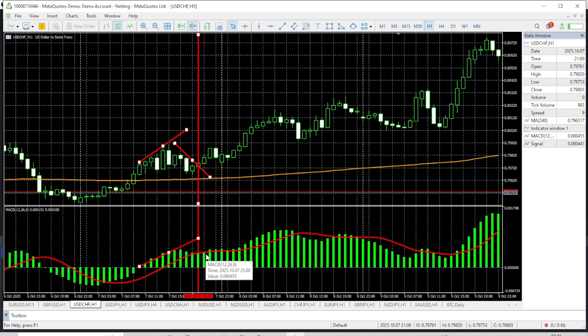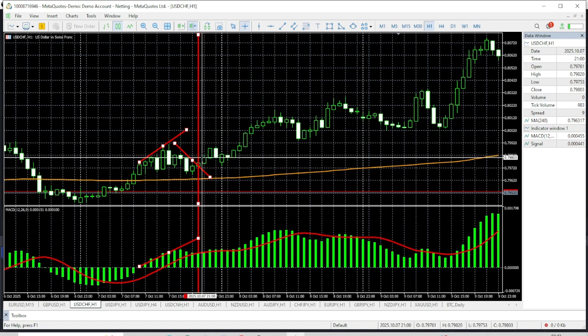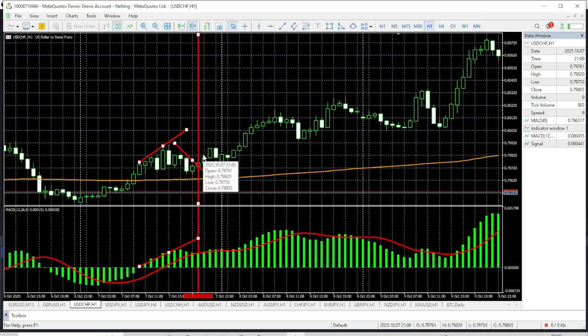I hope I'm correct, like that. So once it closes above it, the corresponding candlestick is our buy entry. So we buy here, and then we follow the momentum indicator. We are going to be exiting the market using the momentum indicator, of course.